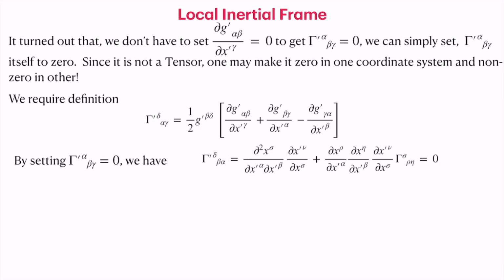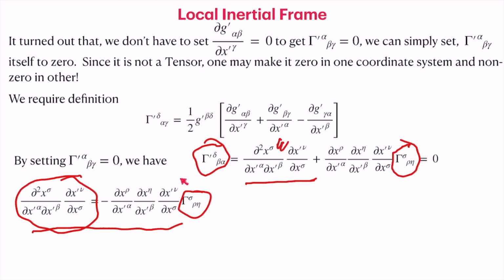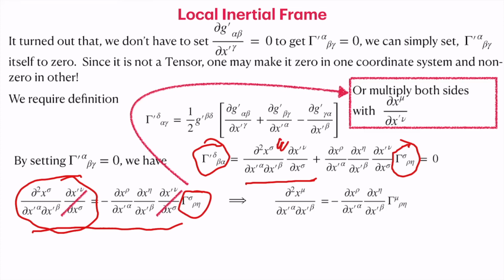In this case, we know how gamma transforms. This is the term which we said caused the trouble. Now this is exactly the term which is going to help us. If gamma prime is 0 while gamma is not 0, then we impose this condition and we end up with an expression for the derivative of the coordinate transformation in terms of gamma. It comes from this term, and we can rewrite this equation by cancelling the common term.